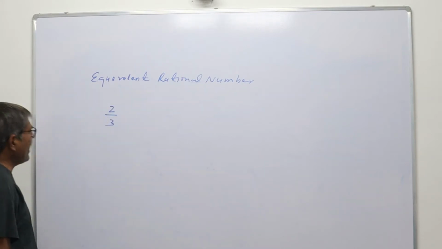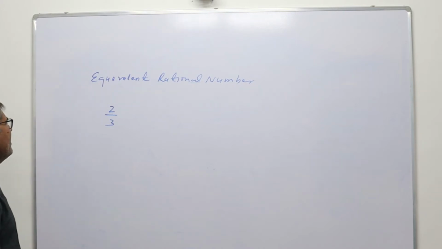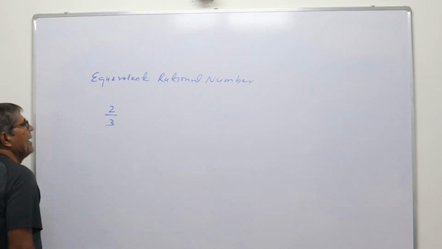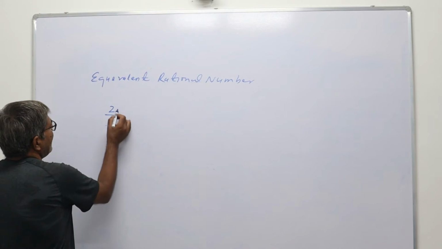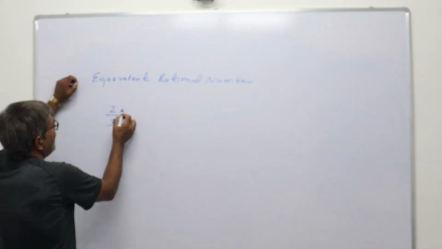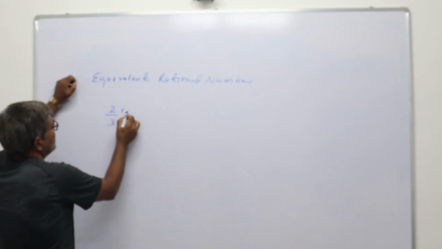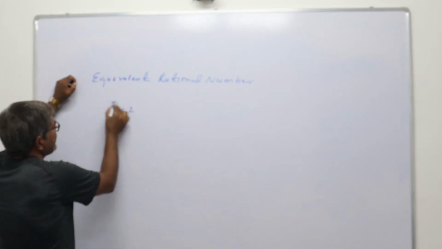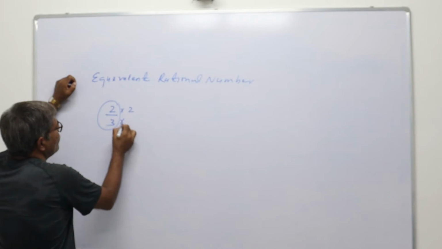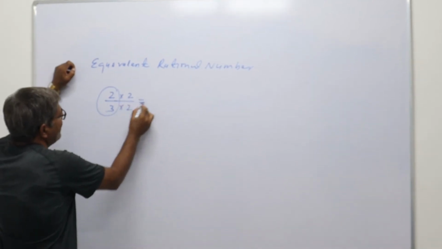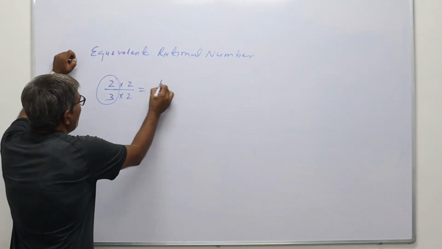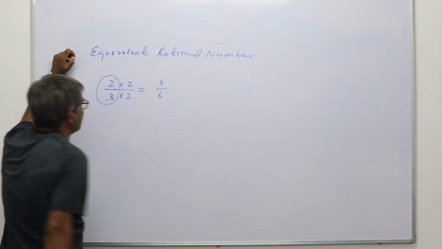So to find the equivalent rational number to any given rational number, we will multiply the given rational number by the same number in numerator and denominator. So if we multiply this rational number 2 by 3 by 2 in numerator and denominator, then numerator will be 4, denominator will be 6.